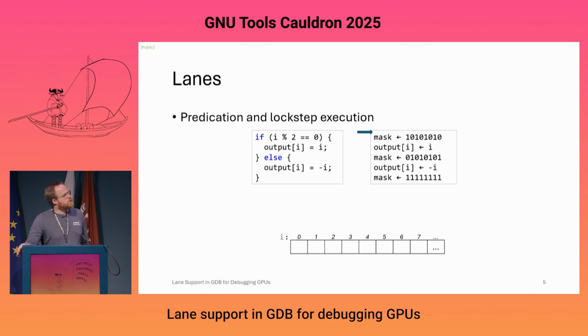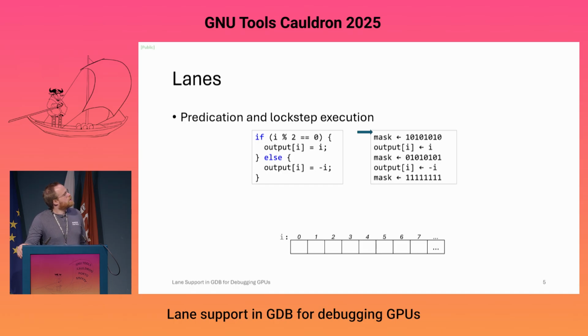We have one instruction that applies to all the elements of the vector register. That part is pretty familiar. But then to handle branching and everything, we use predication. Each hardware thread will have a mask register, which will tell if a given lane is alive or not, active or not.